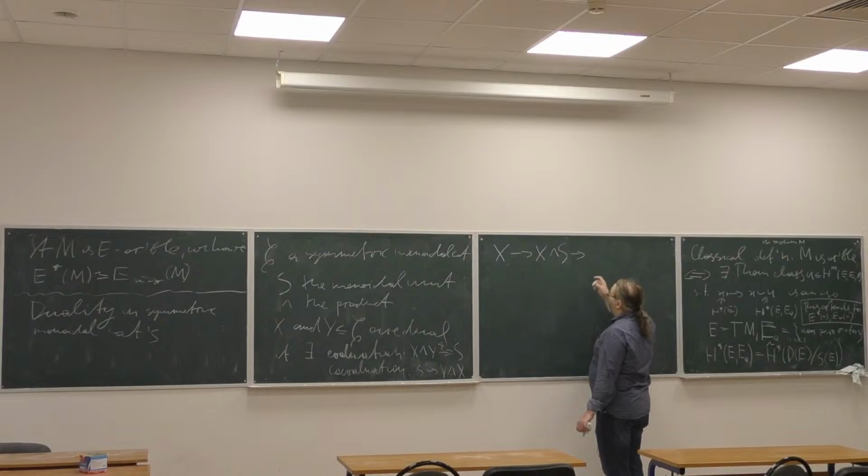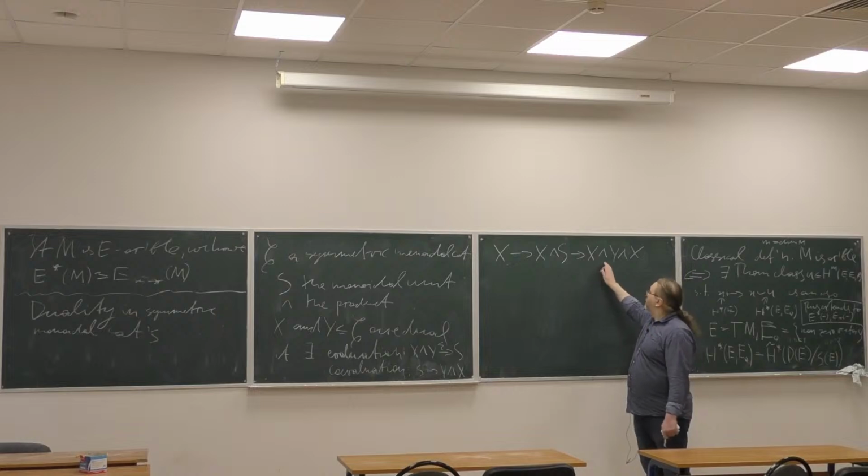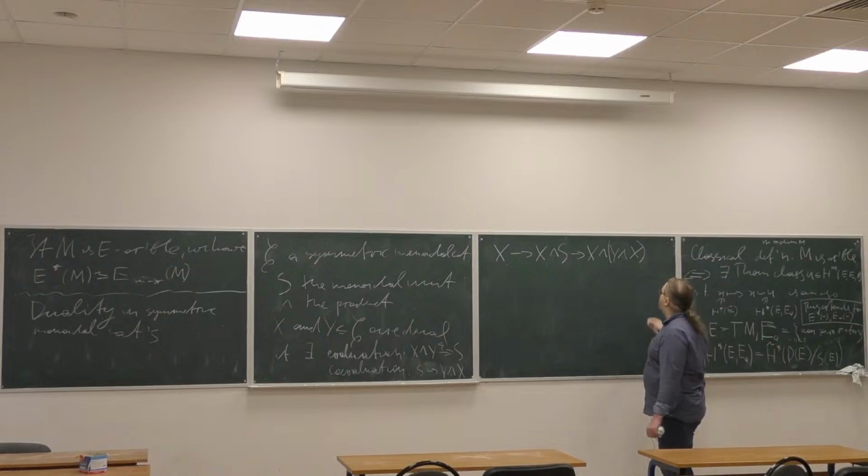Then we apply the co-evaluation map. We get X wedge Y wedge X. Let me put the parentheses once. After that, I will just drop those.